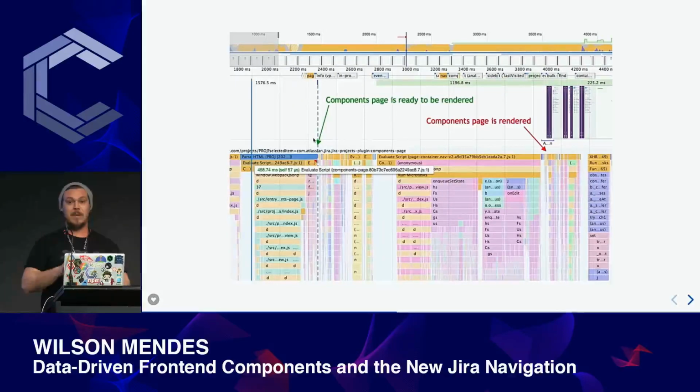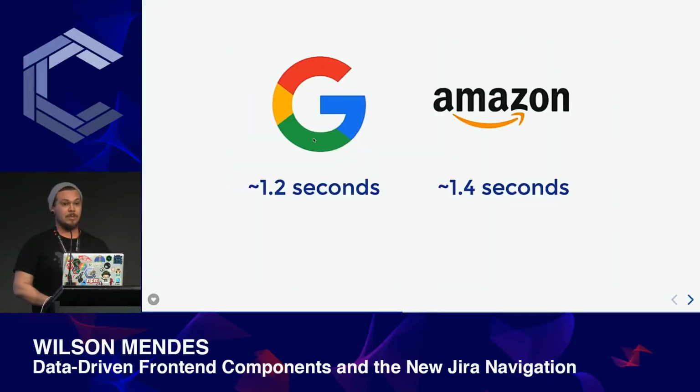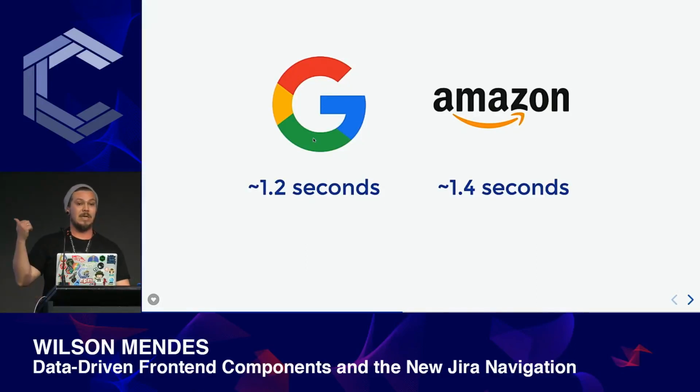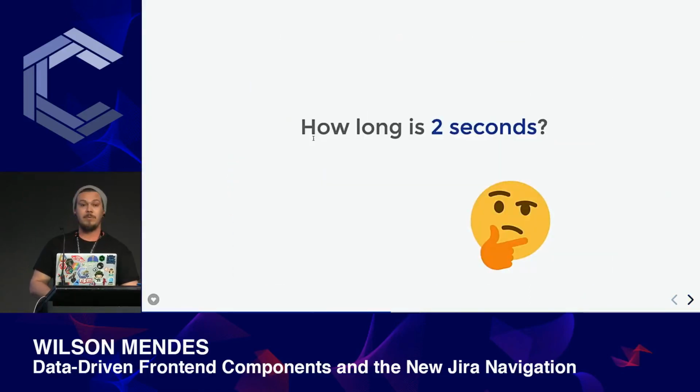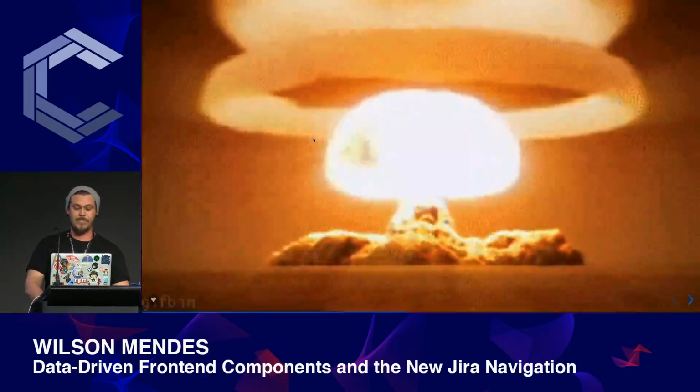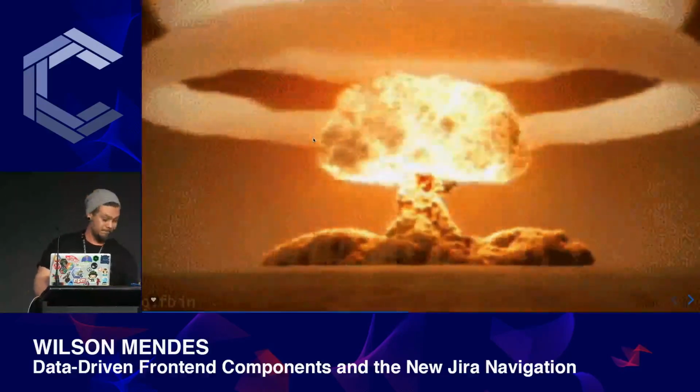For the user, it was just a blank page for 2 seconds. After that, the page was there. That's really bad. In comparison with other products like Google or Amazon, that's the time that they have to load the whole page. And that was the time that we were spending just to load the navigation. Yeah, not good.